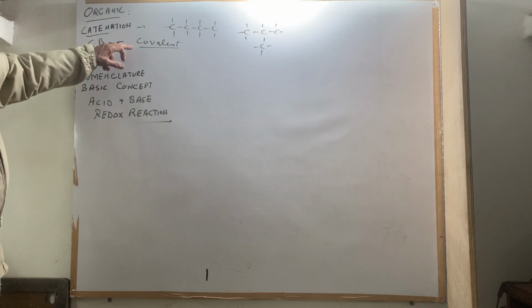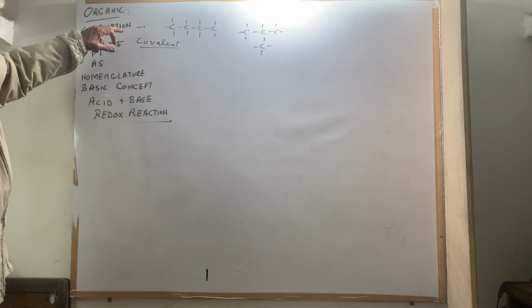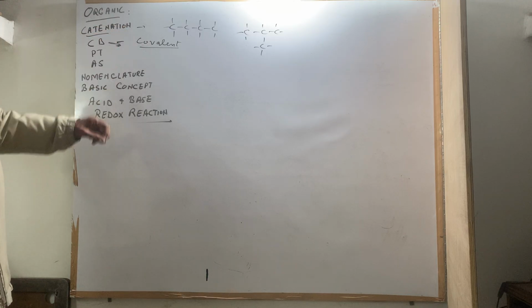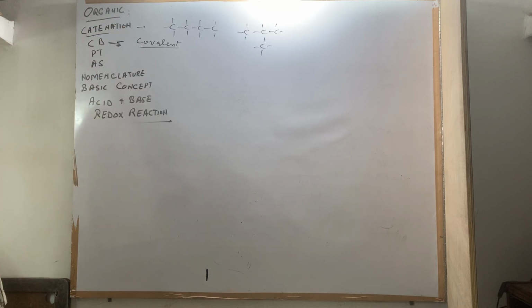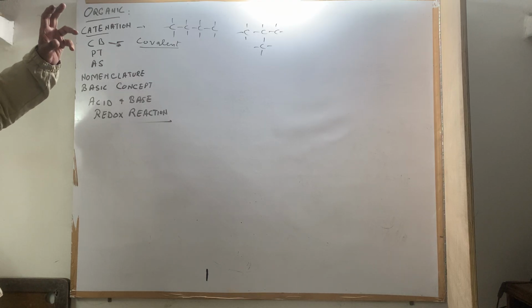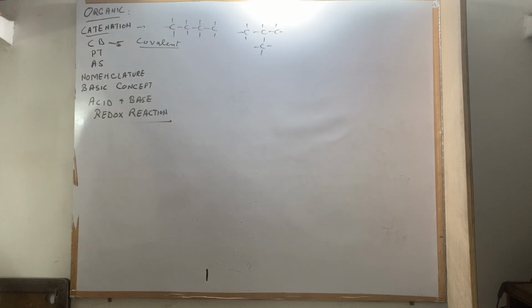You can also say it is the difference in electronegativity of the two bonding atoms. If it is 1.7, 1.9, etc., more than that, then it is an ionic bond. If it is less than that, then it is a covalent bond. So we do not have any 100% ionic or 100% covalent bond.